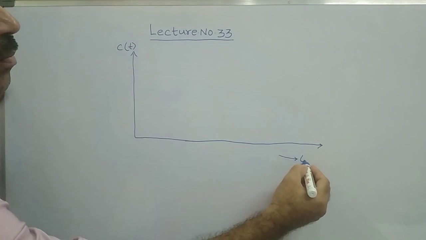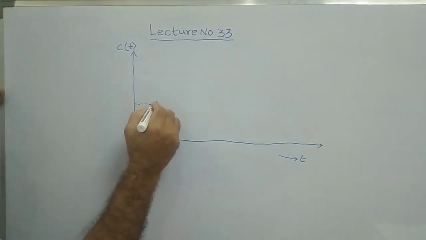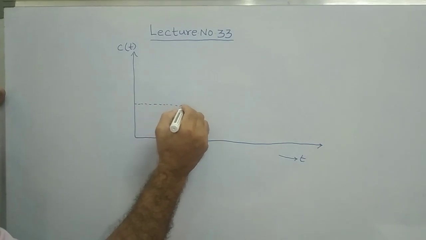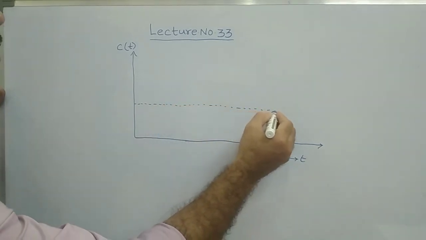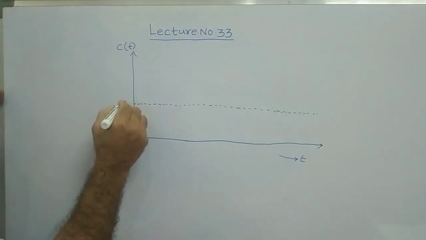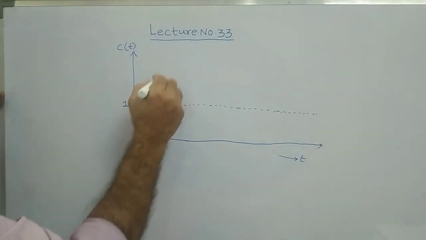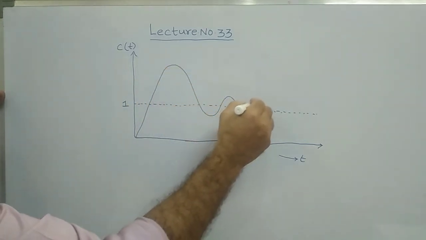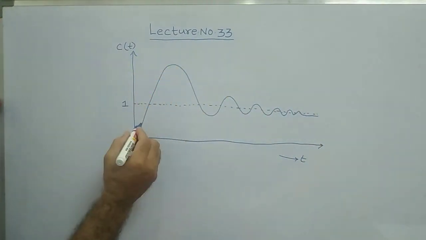Let us call this your 100% line, that is 1. If you draw the graph normally like this, you will have this.